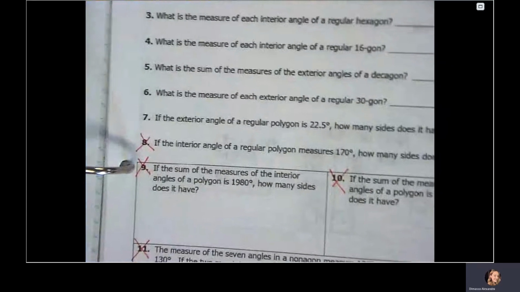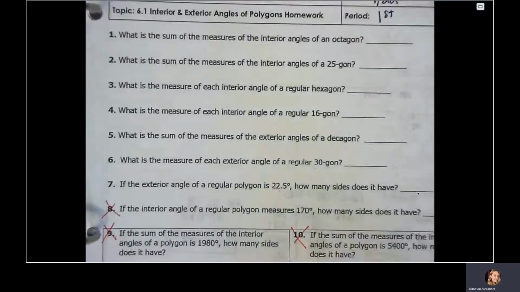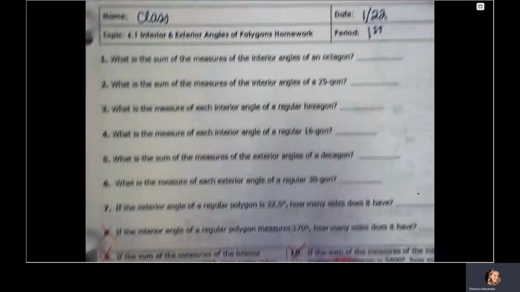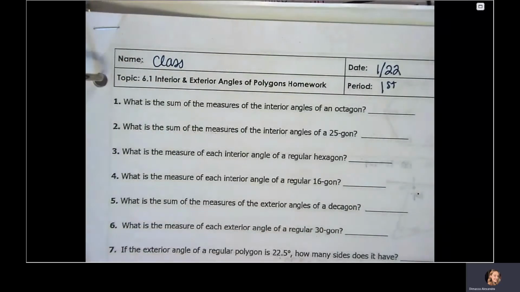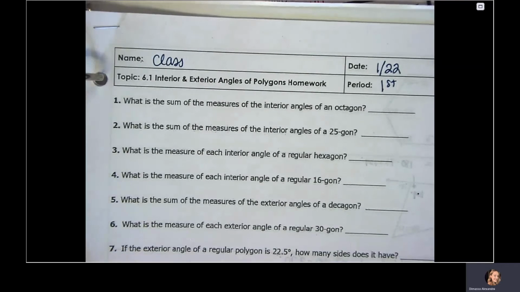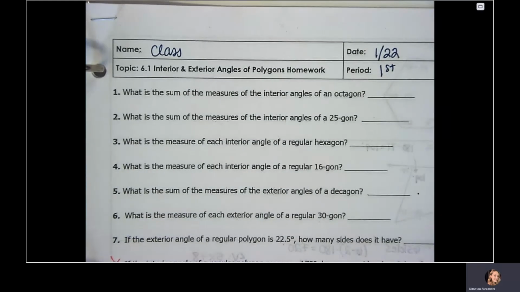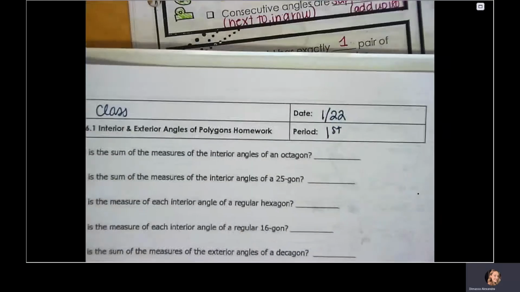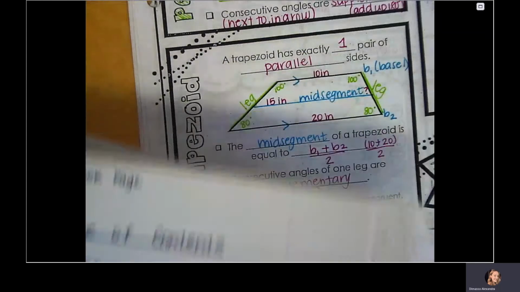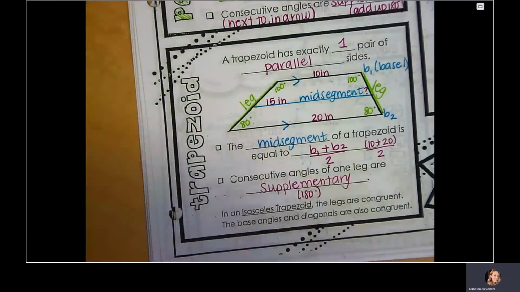So if you did not finish that on Friday, that is your homework. It closes tonight at midnight. If you didn't submit that, that is your homework. But if you already did that homework from Friday, you don't have to worry about anything tonight. Yes, it's up front. It is in the 22nd if you missed Friday. That's your only homework. But if you are already on task and you already submitted it, then you have no homework tonight, which is great.